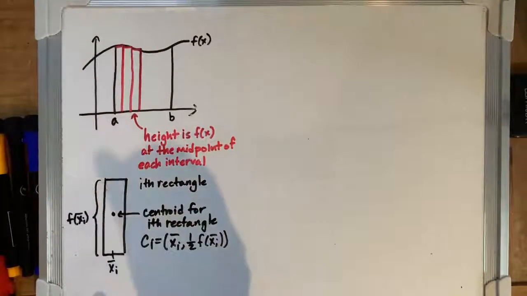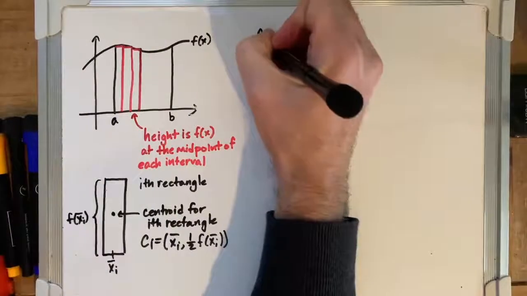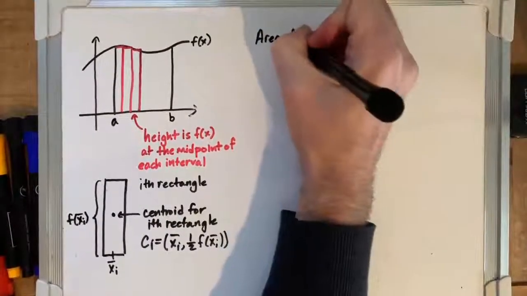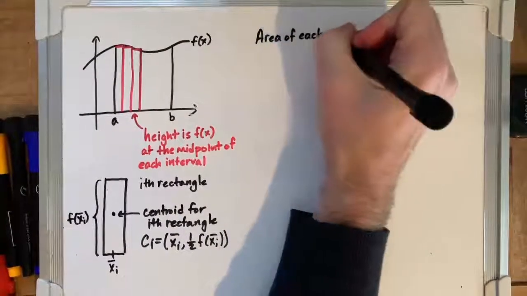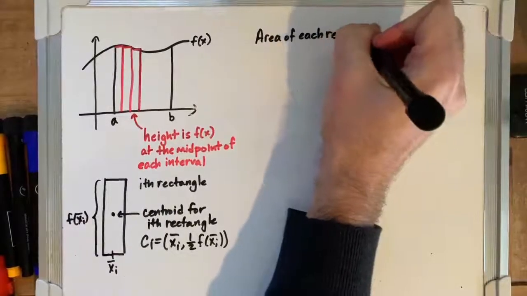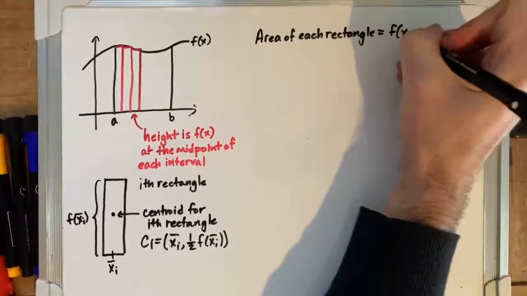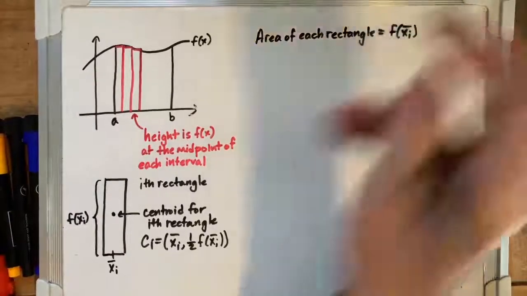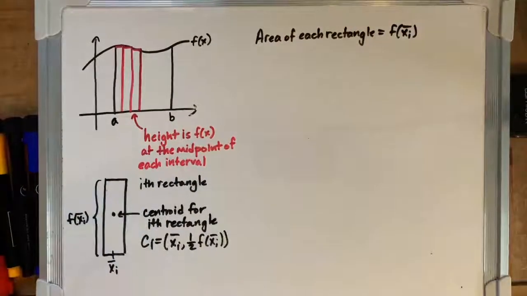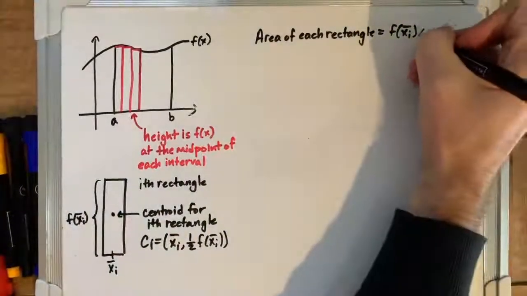So if we're thinking about this in terms of moments and all of that, the area of each rectangle here is going to be the function at the midpoint, and we're going to multiply it by delta x.